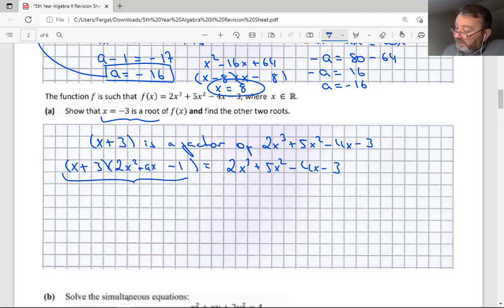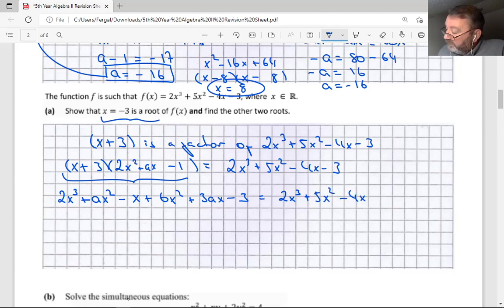Multiply out your left-hand side. 2x cubed plus ax squared minus x plus 6x squared plus 3ax minus 3 equals 2x cubed plus 5x squared minus 4x minus 3.